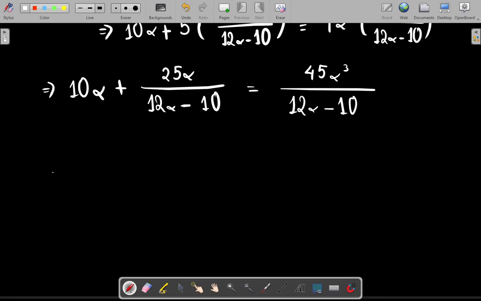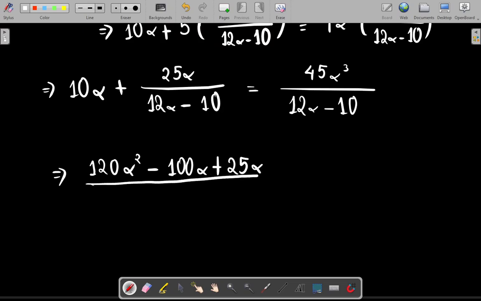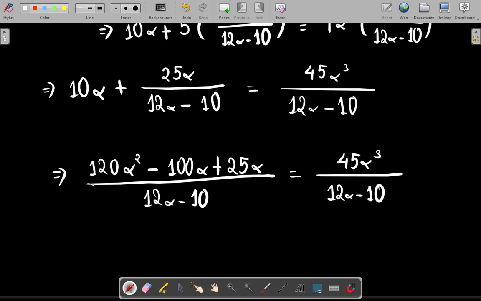So if I take LCM on the left hand side, this becomes 10 alpha times 12 alpha becomes 120 alpha square, minus 10 alpha times 10 becomes minus 100 alpha plus 25 alpha upon 12 alpha minus 10 is equal to 45 alpha cube upon 12 alpha minus 10. Okay, so I am cancelling these two terms, assuming that alpha is not equal to 10 upon 12.